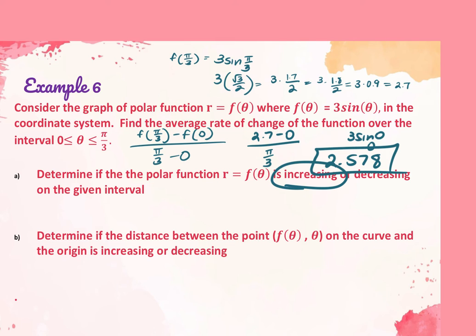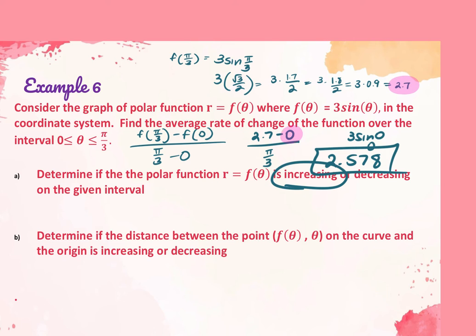Then it says determine if the distance between the point on the curve and the origin is increasing or decreasing. So for these, I need to know the sign on the r, right? And I need to know if it's getting bigger or smaller. So what were the signs on my r's from pi over 3 and 0? Positive or negative? What was f of pi over 3? Positive 2.7.